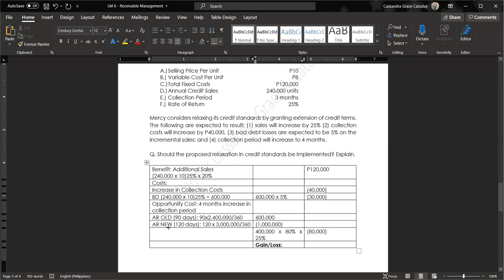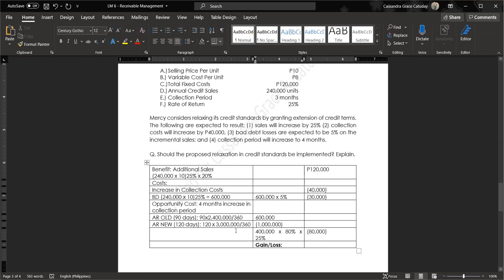Next is the new AR, where the collection period increased to 4 months. 4 months is equal to how many days? 120. Before, we only had 90 days, which is 3 months. Then it became 4 months. So we multiply 120 by 3 million. The 3 million is based on our new sales, because 2,400,000 plus the incremental sales of 600,000 makes 3 million.